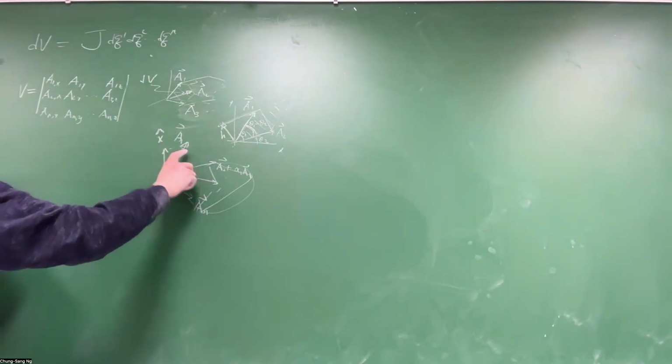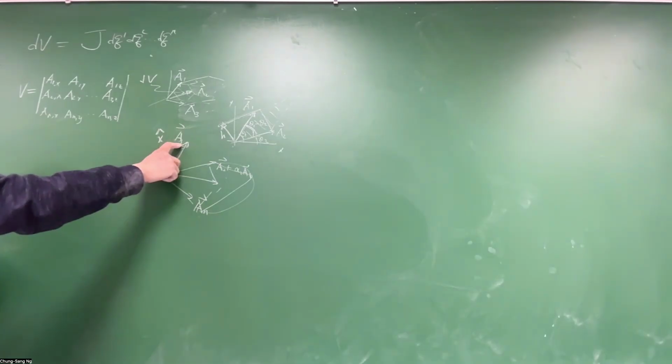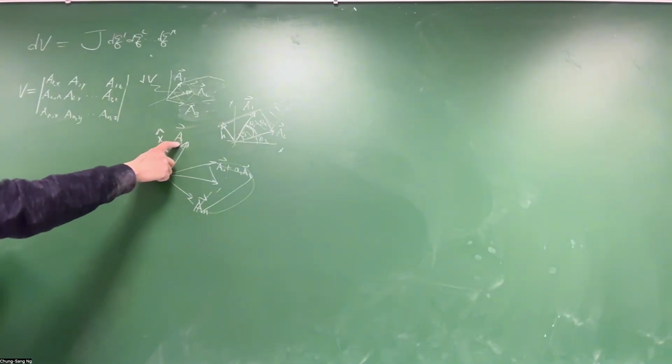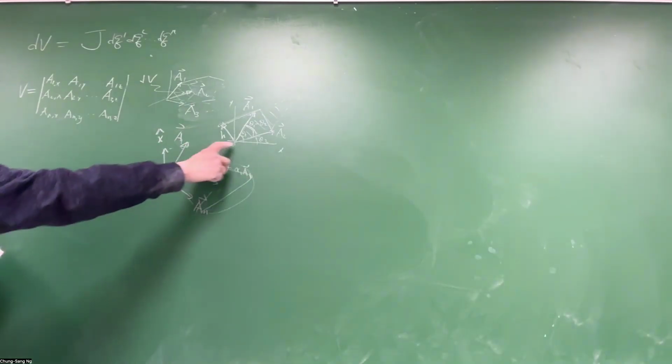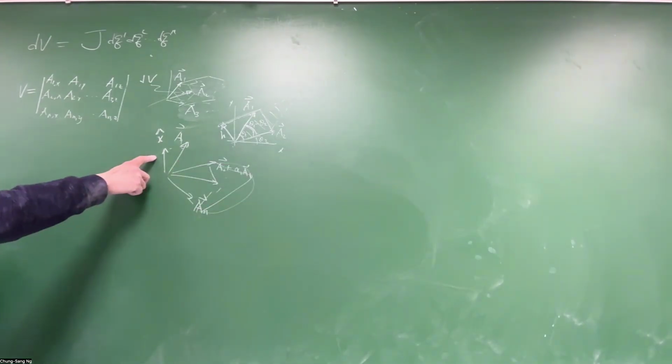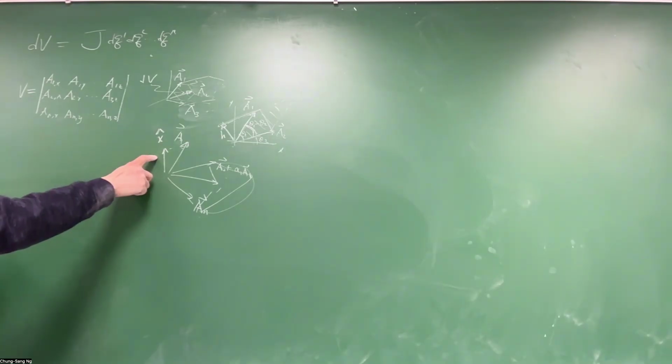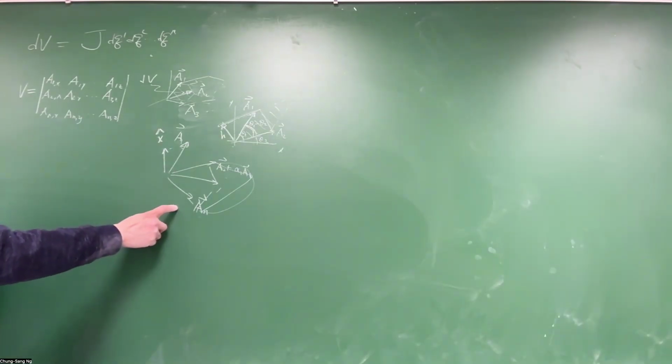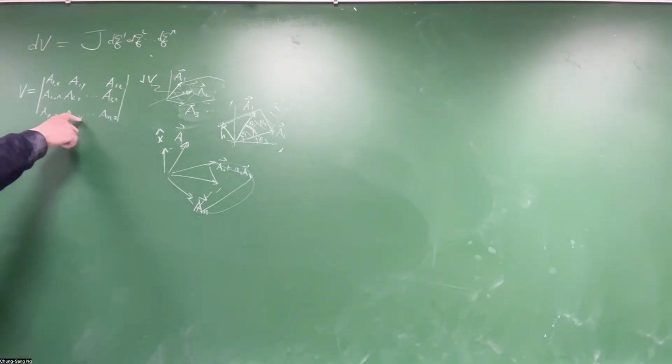So you just add something proportional to A1 to all the other vectors, so that all the other vectors are perpendicular to x, right? That operation does not change the volume. And similarly, for this matrix, you do the same thing and write it in matrix form.